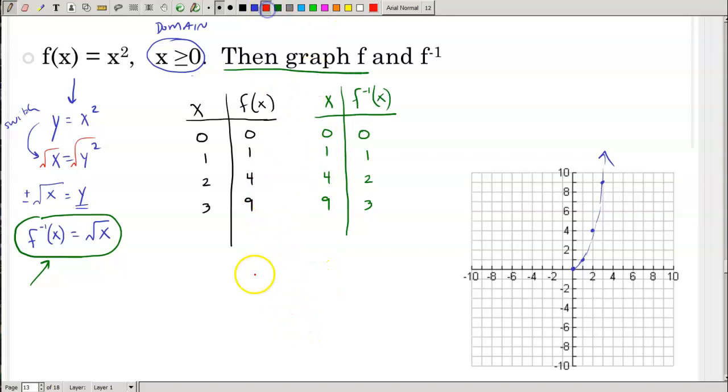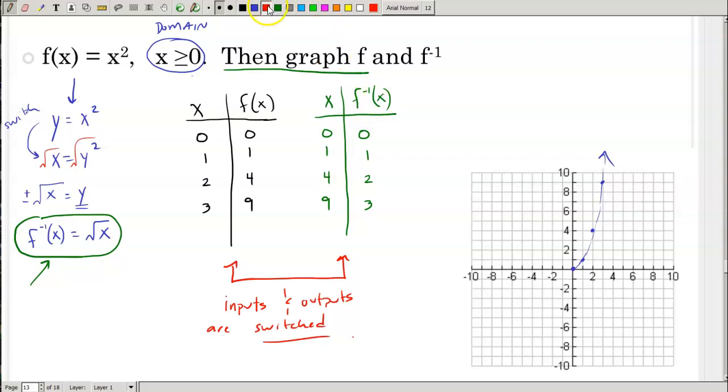But you should always make note of this relationship, in that the inputs and outputs are switched when we have inverses. That's an important distinction to make.